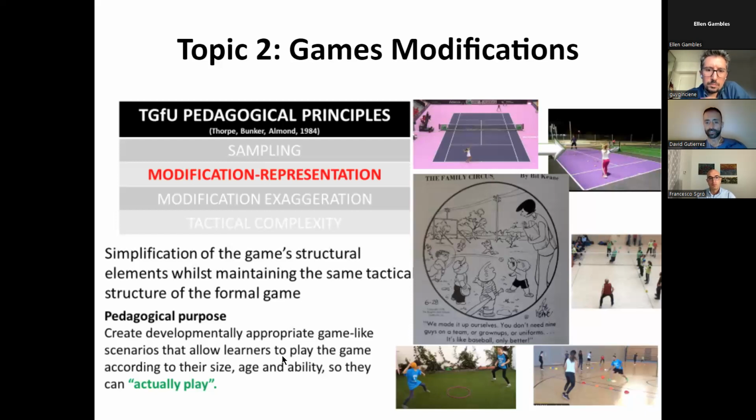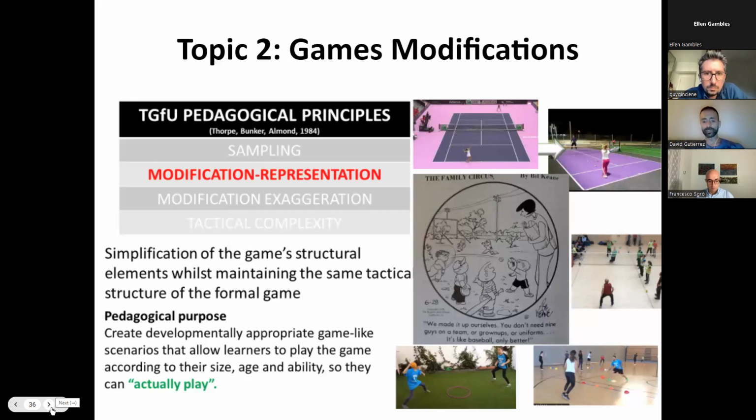So we see in the pictures, the formal game would be tennis, and on the right we have a representation, a modified game. It's a mini tennis, but we have also different other games that are part of the net and wall categories that decrease a lot the difficulty in terms of technical requirements, but keep the tactical sense of the game, and the main elements, the tactical problems we saw before.